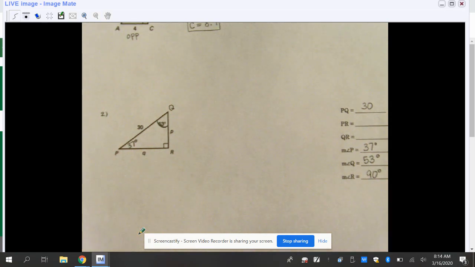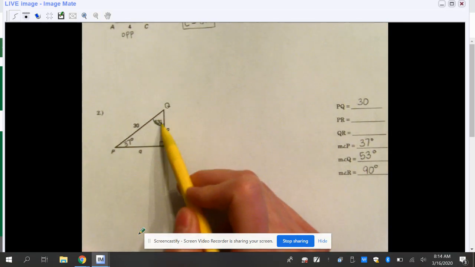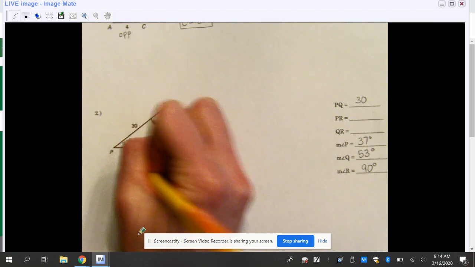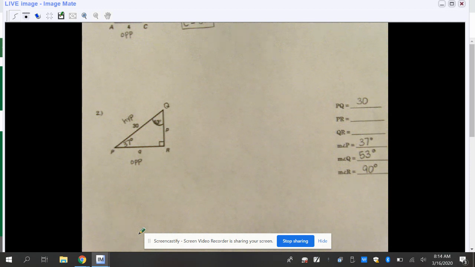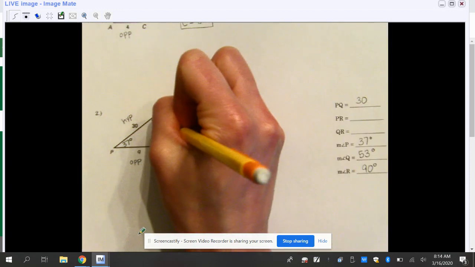And so now I'm going to label the sides of my triangle based on that angle Q right there. So this side over here would be the opposite. The 30 is the hypotenuse. That's always across from the right angle. And that leaves P to be the adjacent side.